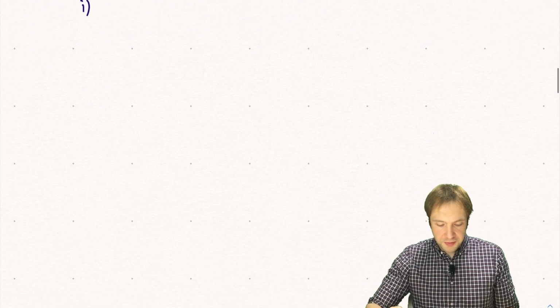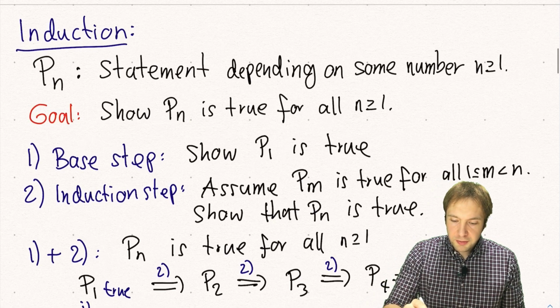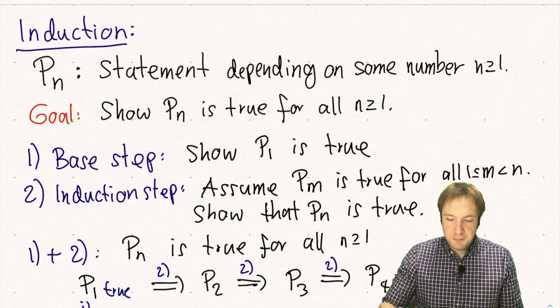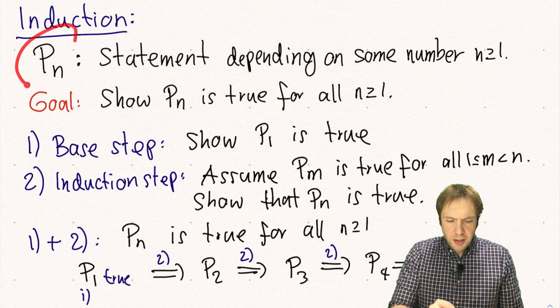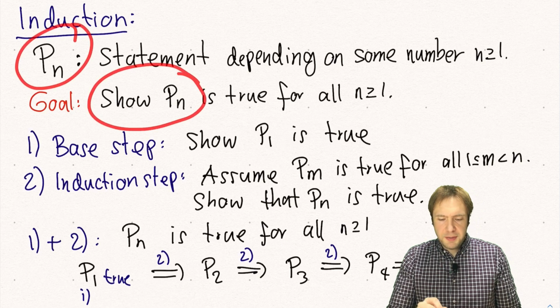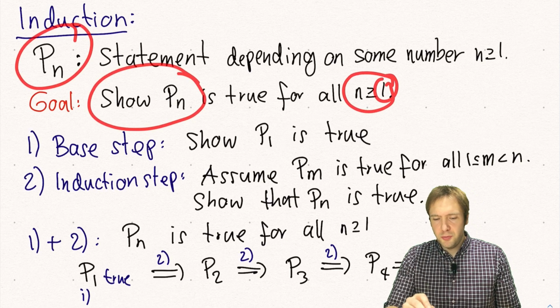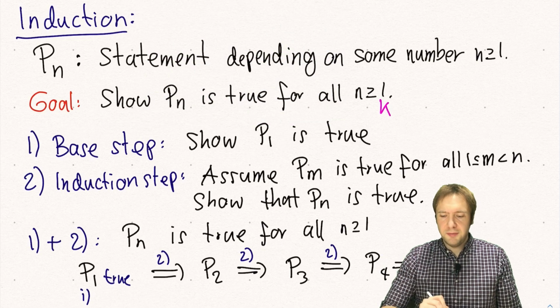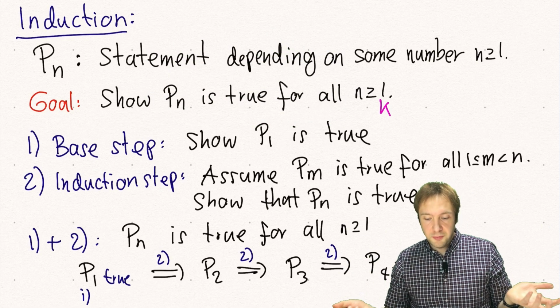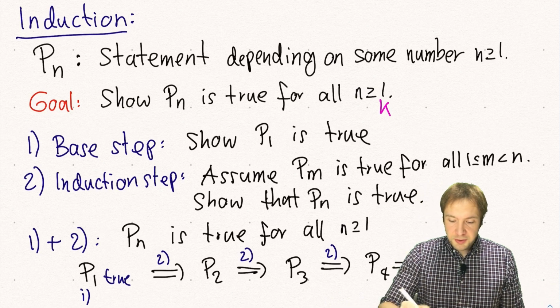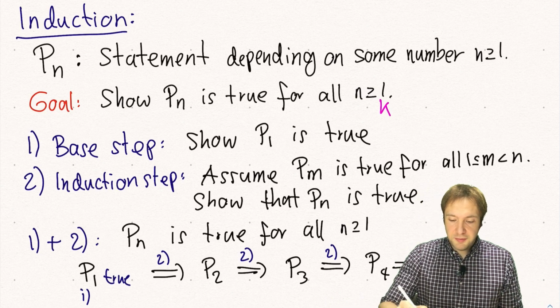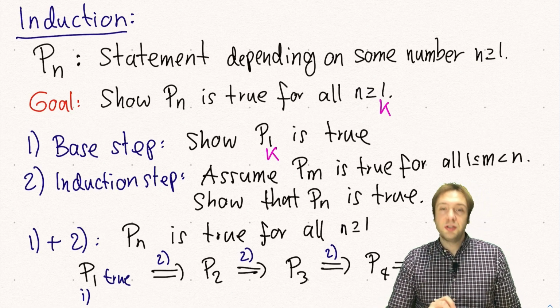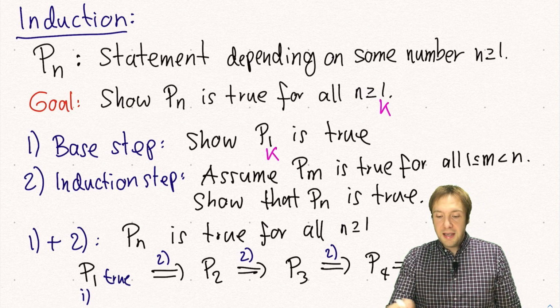And one standard example, or maybe first one remark. So sometimes you will have statements Pn where you don't want to show that this Pn is true for all n greater or equal to 1. So sometimes you want that this is just true for the case for n greater or equal to 3 or greater or equal to 4. But then you can also do this by just changing the base step. So there you can then just show that Pk is true.